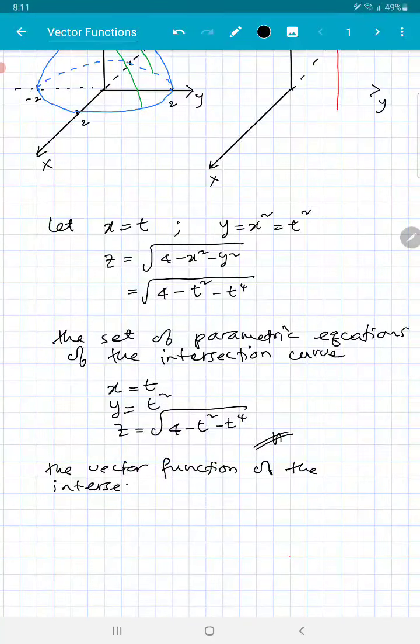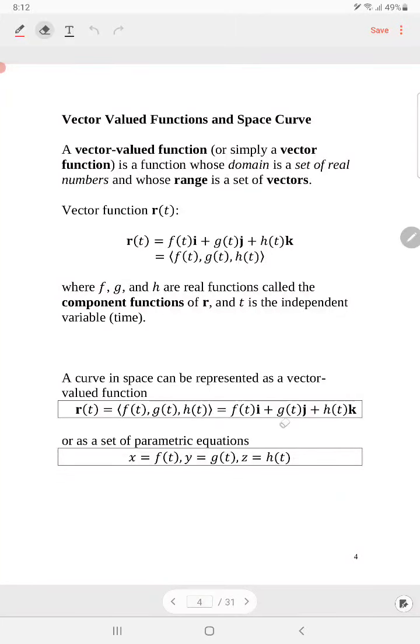Let me refresh your memory on that. The x component of the vector function is really the parametric equation for x. The y component is the parametric equation for y, and the z component is the parametric equation for z.